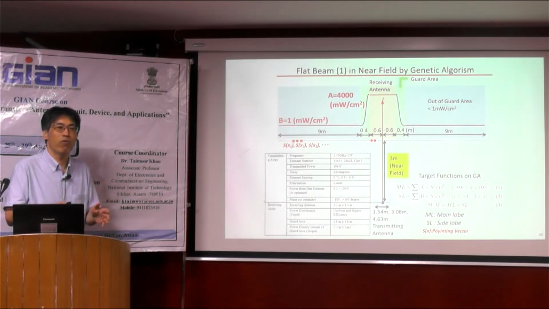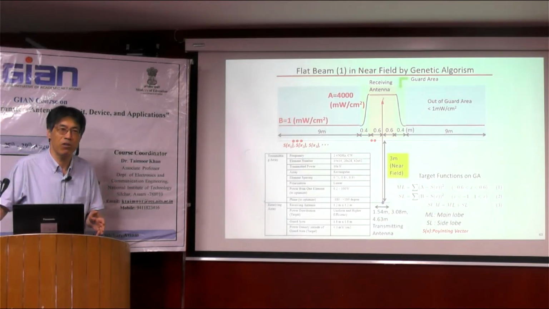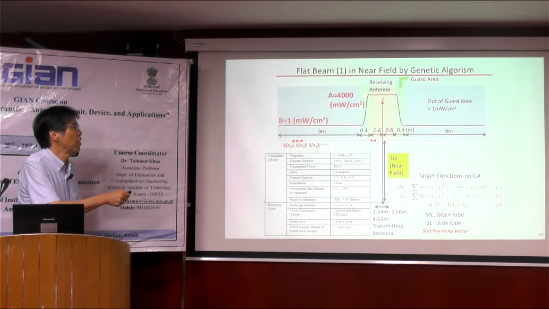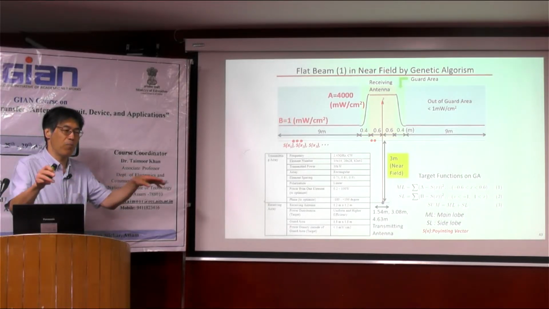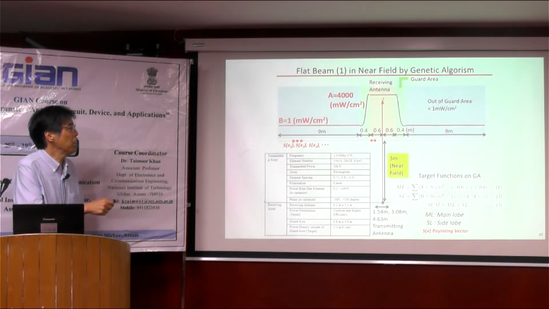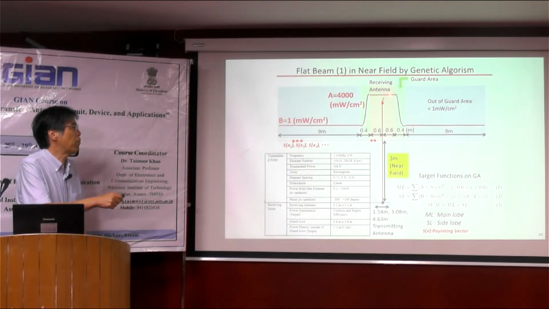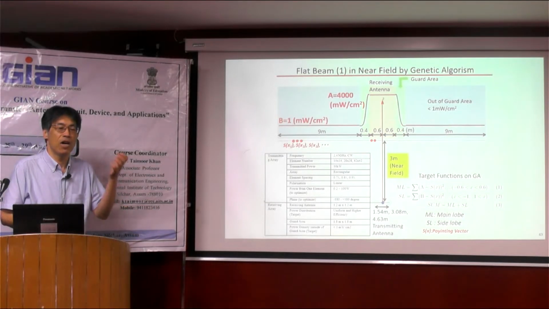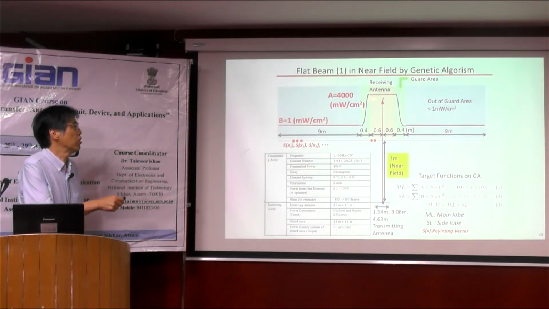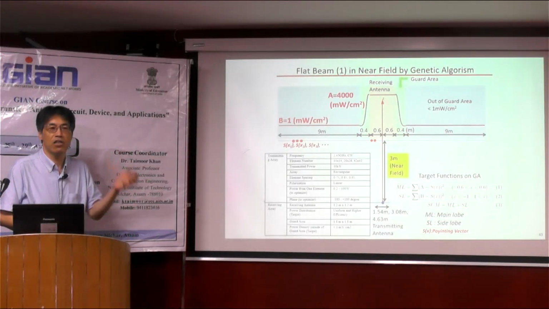Of course, when we put the receiver at the far field, as I mentioned, we can assume a plane wave and the power density at the far field is the same everywhere. But in the near field, usually we have a peak and a power distribution at the receiver at the radiative near field. So we propose this uniform flat beam even at the radiative near field.